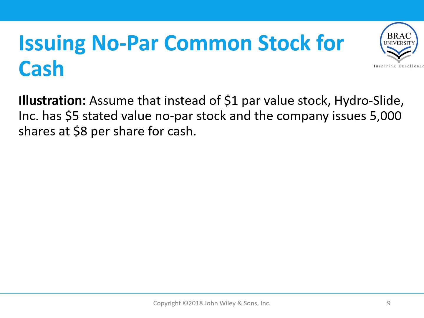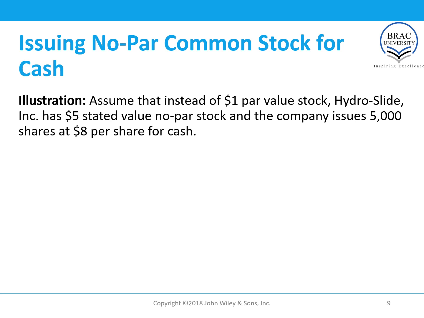So now let us consider an example. Assume that instead of $1 par value stock, Hydro Slide Inc. has $5 stated value, no par stock, and the company issues 5,000 shares at $8 per share of common stock. First of all, let us discuss the transaction.